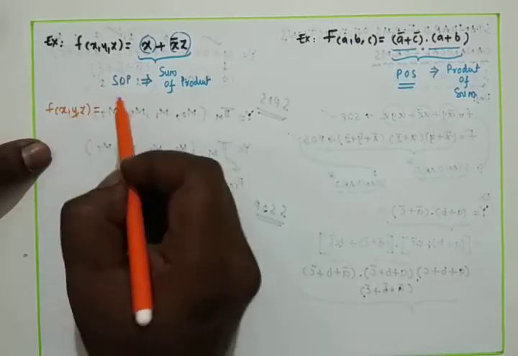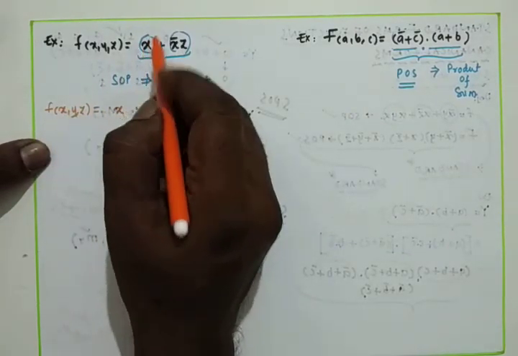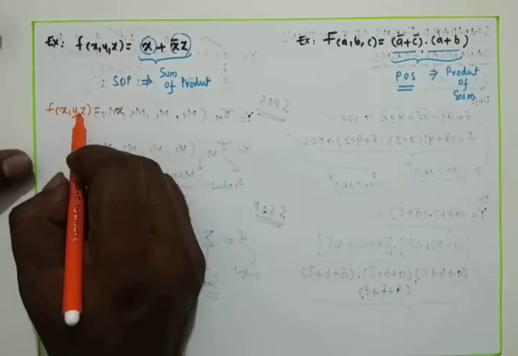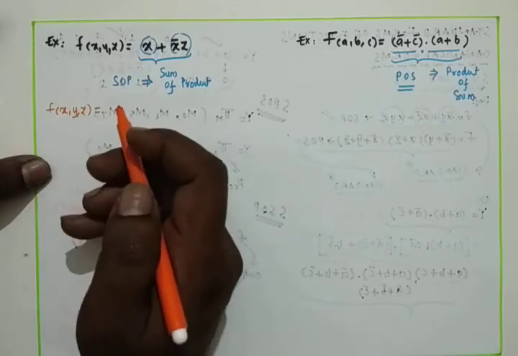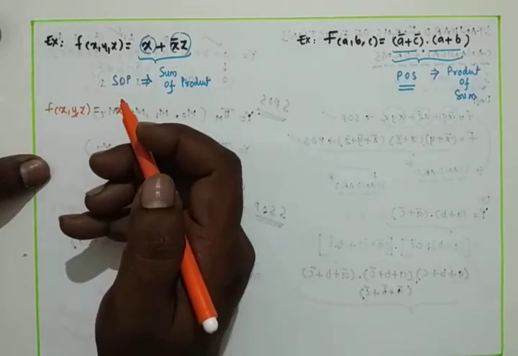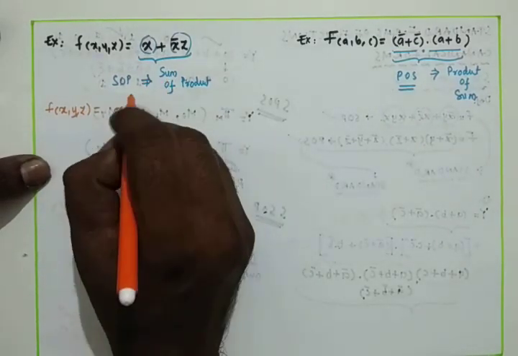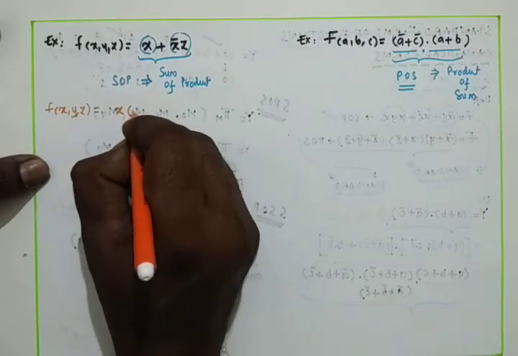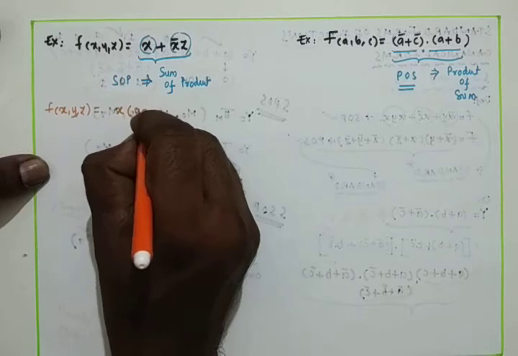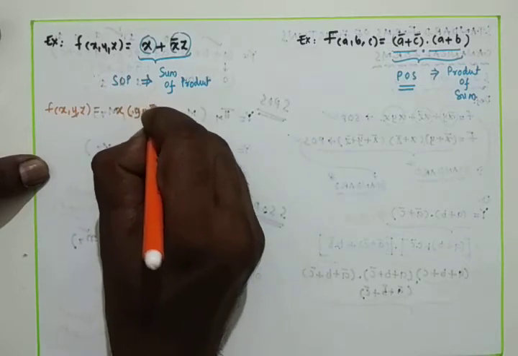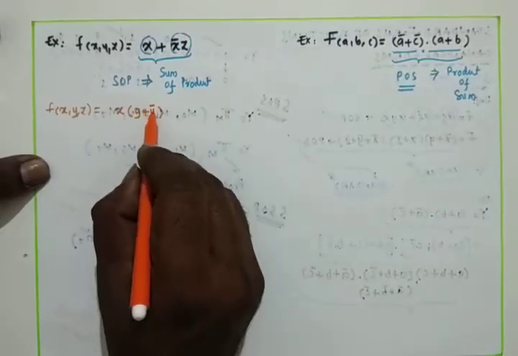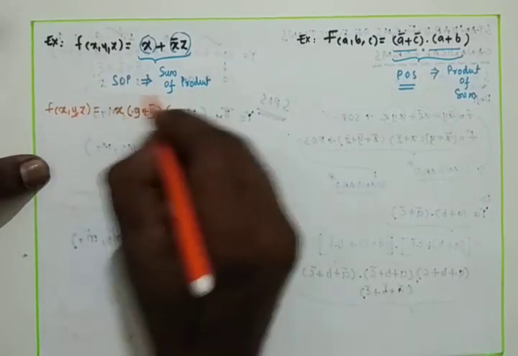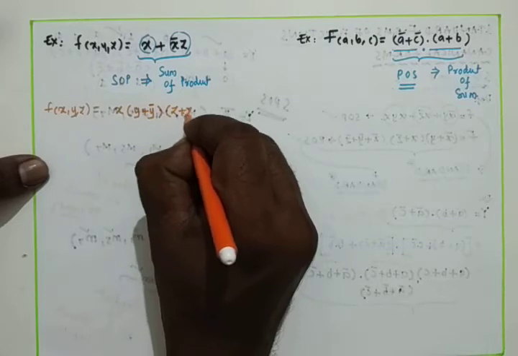In this term, the input signals missed are y and z. So y is missed, so y plus y bar, which is 1, into x only, and z also is missed, that is z plus z bar.